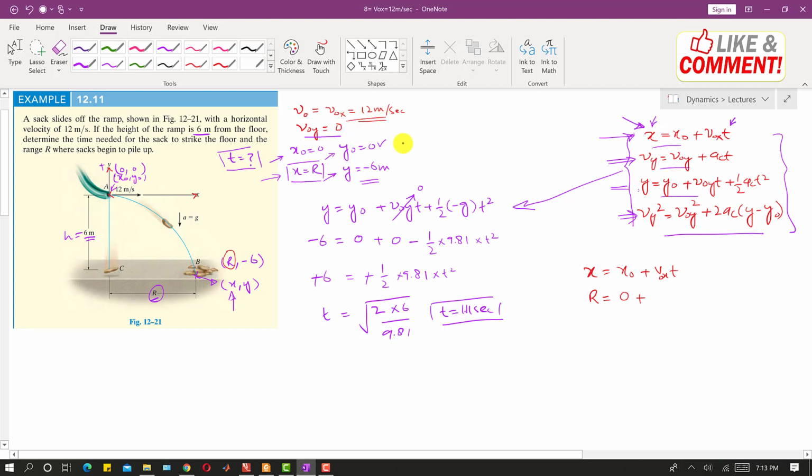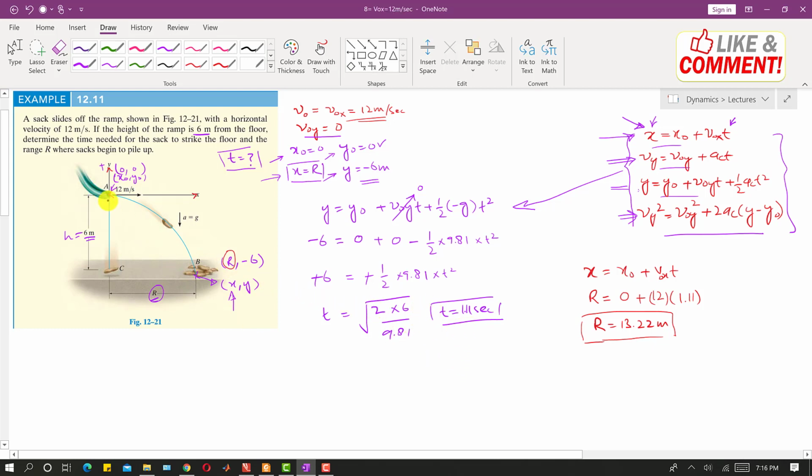So we can use this, 12 into the time, 1.11. So r comes out to be 13.32 meters. So the sack will land at a distance of 13.32 meters from this origin in the x direction.